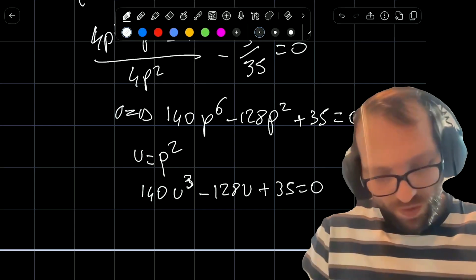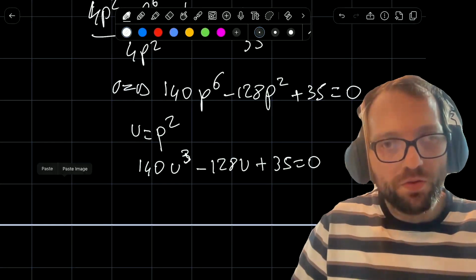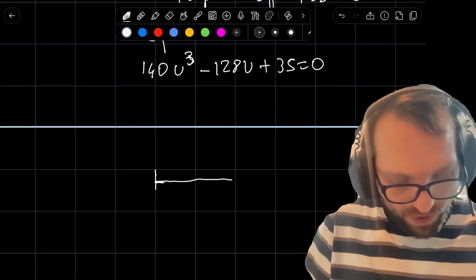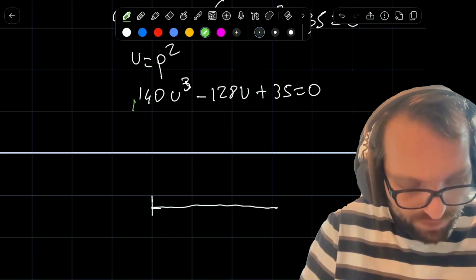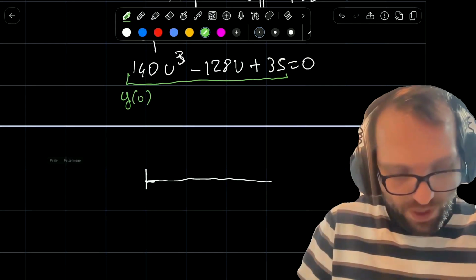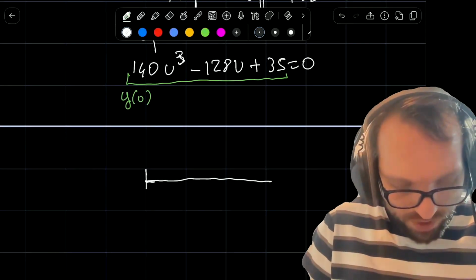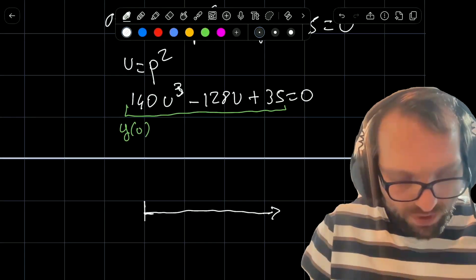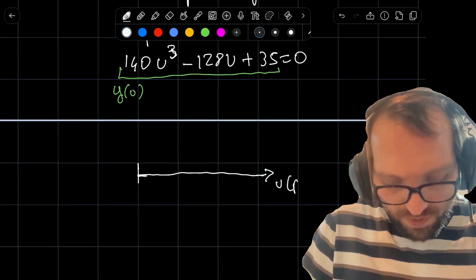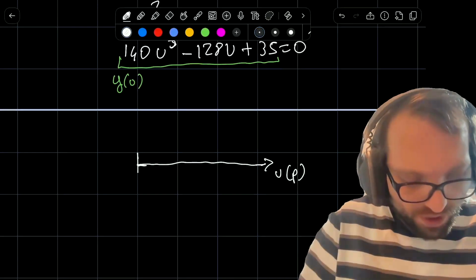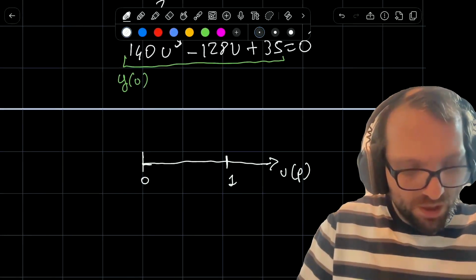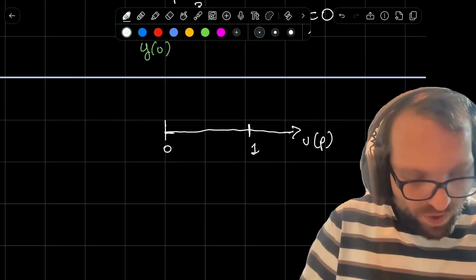Still very hard to resolve, but let's see what the behavior of this function is, which I'm going to call y of u, the cubic, with respect to u or p. Here this is either u or p. We know that p goes from 0 to 1, so u will go from 0 to 1 as well.